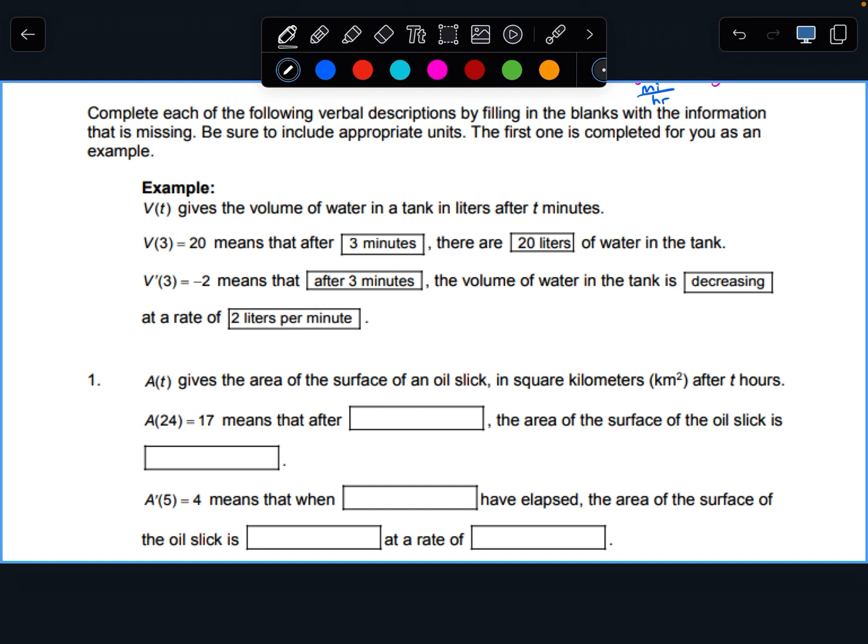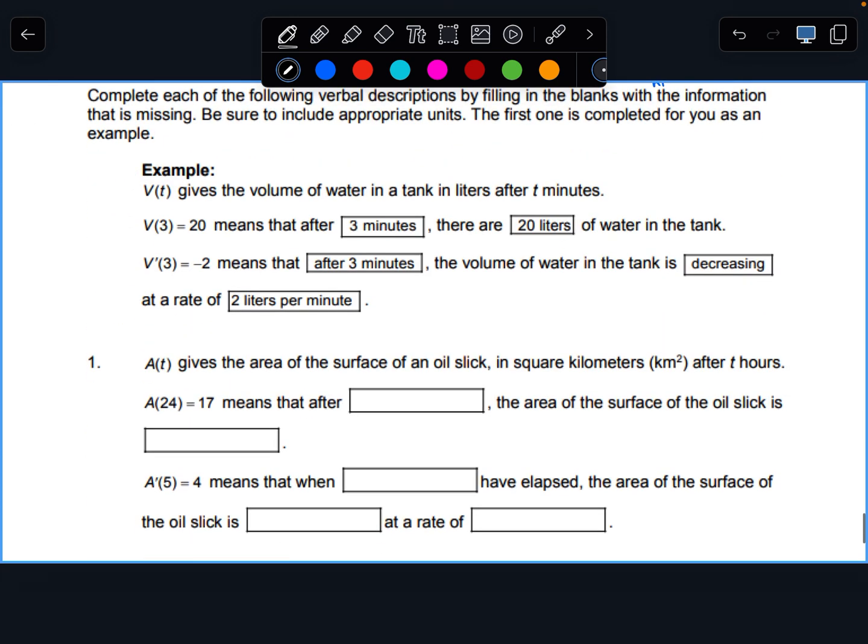So like this first one, V of T gives the volume of the water in a tank in liters after T minutes. The first thing I like to do is write arrows on this. V is volume, liters. T is minutes. I'll do this on an F or Q, and write the unit name for it.